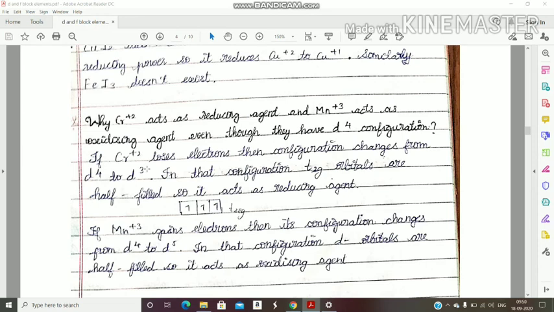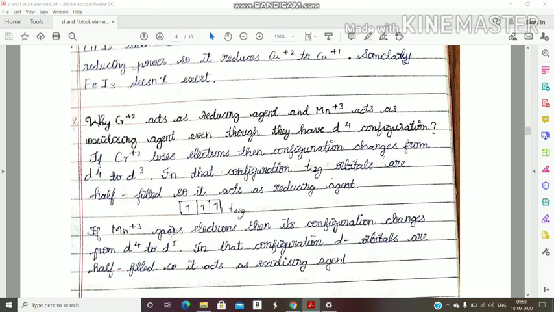In Cr plus 2, if Cr plus 2 loses electrons, then the configuration changes from d4 to d3. Correct. In that configuration, t2g orbitals are half-filled, so it acts as reducing agent. See, here you have to know one more point.